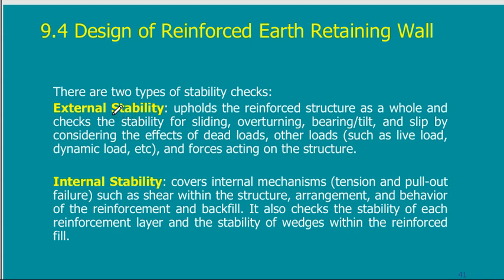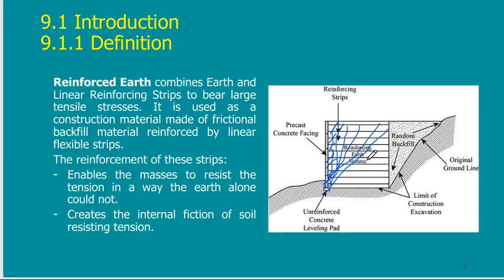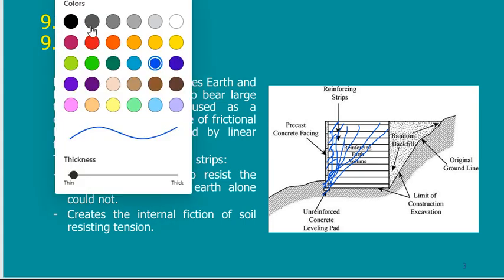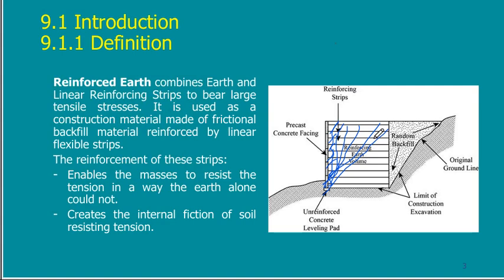When we come to design, there are two types of stability that we need to ensure. There is internal stability, because maybe the reinforcement that I put here is not enough, and I finally find my wall going like this.